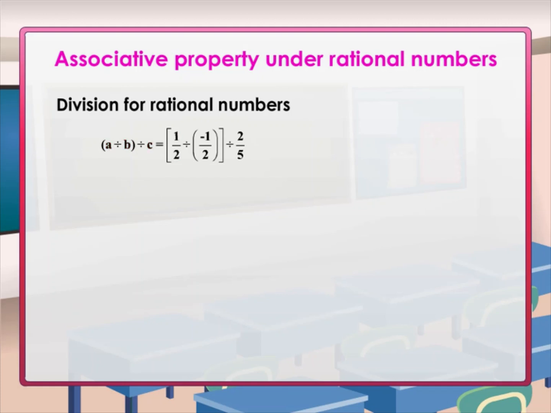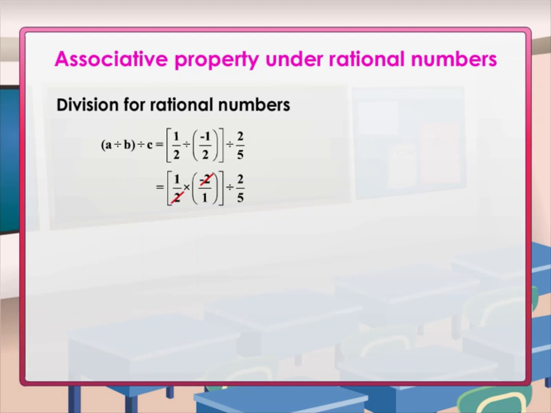Let us take a as 1 by 2, b as minus 1 by 2 and c as 2 by 5. As we discussed earlier, we convert the division into multiplication by exchanging the numerator and the denominator. So what we have is 1 by 2 multiplied by minus 2 by 1. So that these two get cancelled out here and we have just 1.